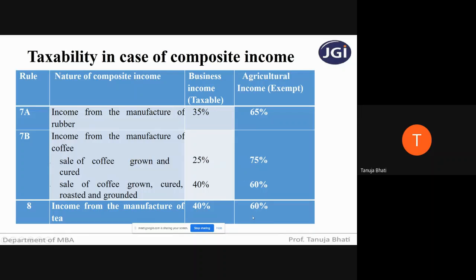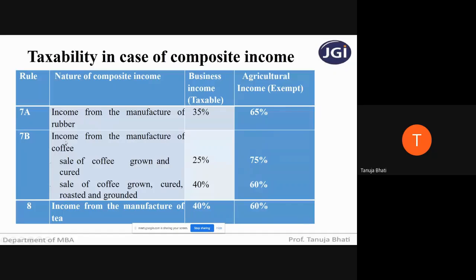This percentage is fixed as per the rules of income tax, given under 7A for income from manufacture of rubber. Next is 7B, which says income from the manufacture of coffee. Students, it is manufacture, so pay attention. If any SSC is into the manufacturing business of coffee, and such income relates to the sale of coffee which is grown and cured, then 25% should be considered as business income and 75% as agricultural income, which is to be exempted.